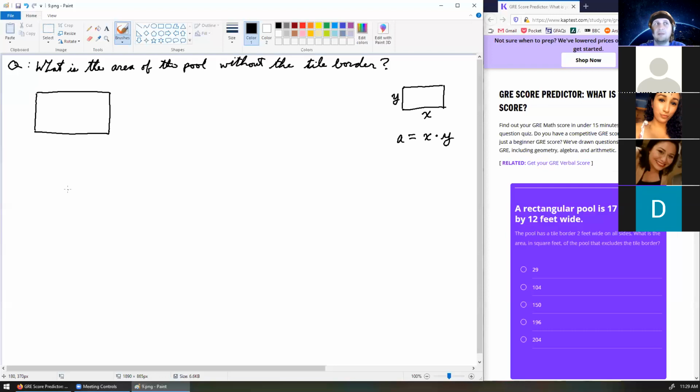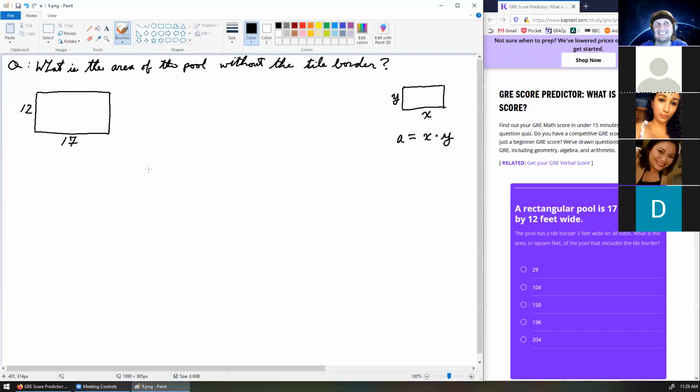We have 17 and 12. Okay. So put 17 on the long side and 12 on the short side. So our answer is just 12 by 17, right? 12 times 17. We're off to the races. We're done.